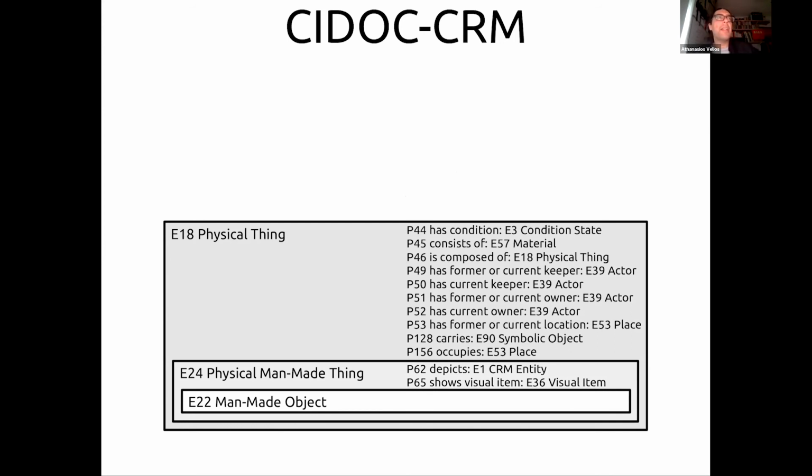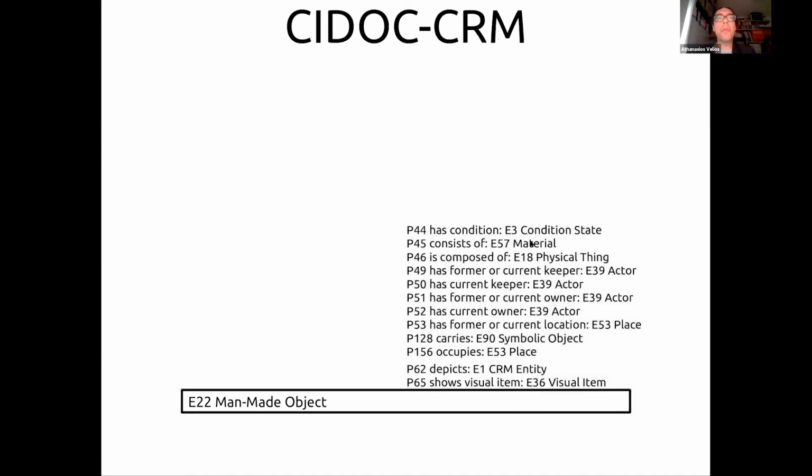Now the physical thing has a few more, and there are a couple of interesting ones here. So a physical thing can have a condition or consist of a material. These are particularly relevant to conservation, and so on. And again, all these properties are inherited, because it's the parent class that has them.